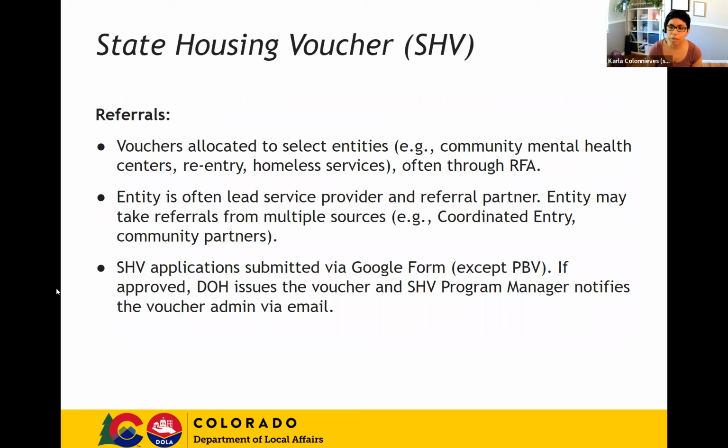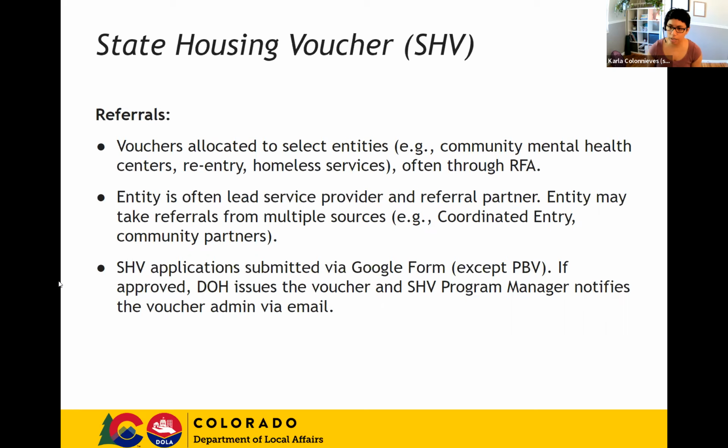So for referrals for the SHV program, the way that it works is typically we'll do an RFA, whether it's that annual PSH RFA that Zach referred to, or a tenant-based supportive housing RFA. And then we will allocate the state housing vouchers to those applicants or select entities. That entity could be a community mental health center, a reentry provider, or a homeless services provider.